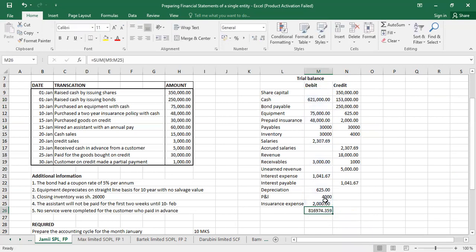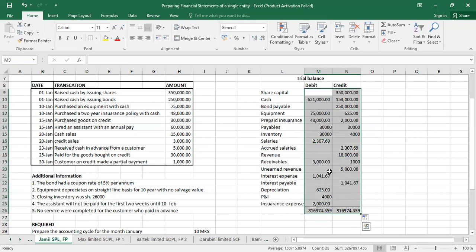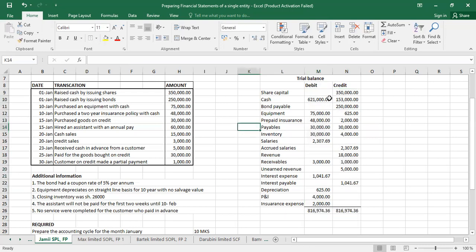Control Enter, then Alt HBP for a top border, then I drag. It's balancing. I'll take the numbers to 2 decimal places with the comma at 1,000 so that the numbers are easily seen.